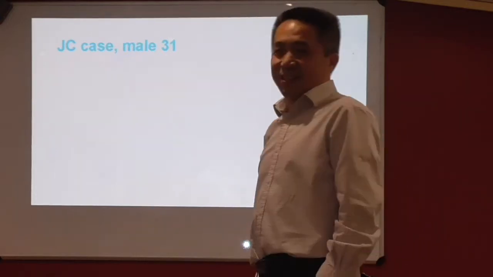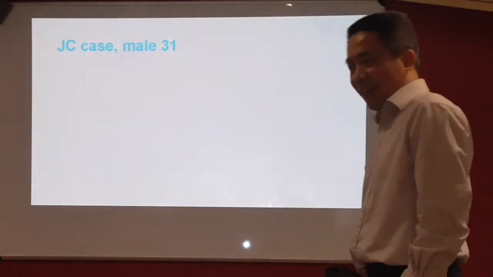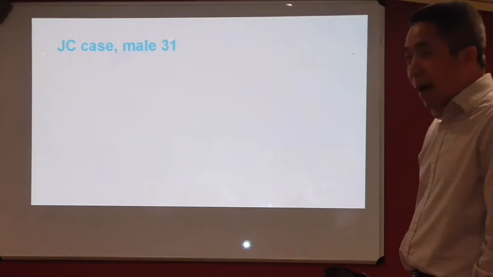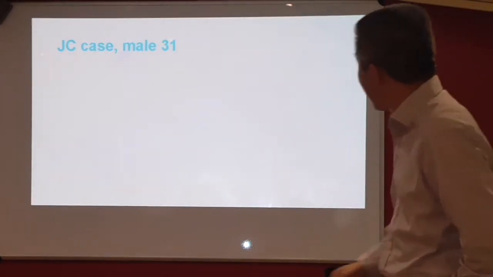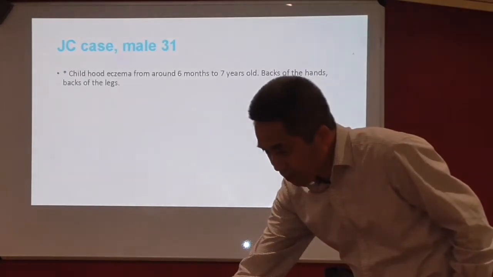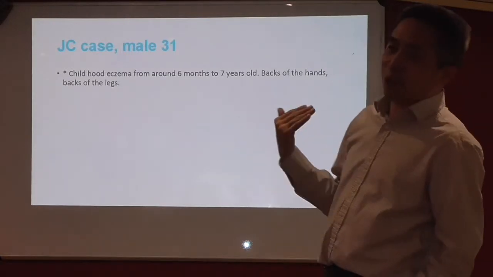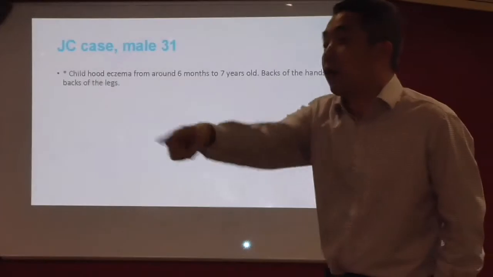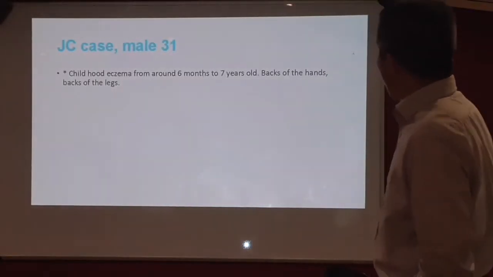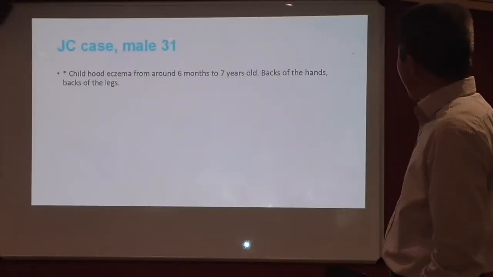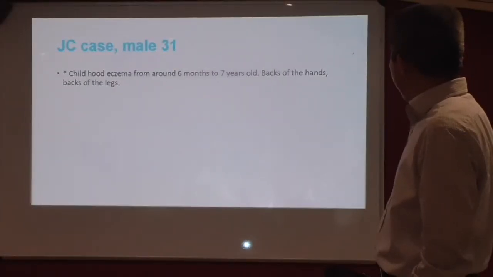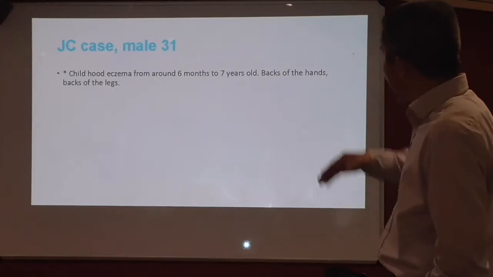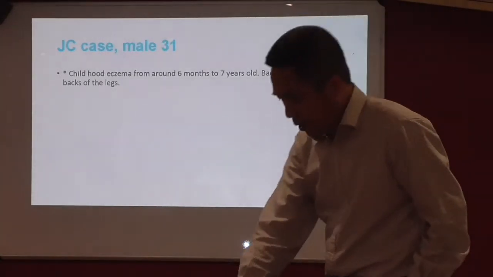Okay, the last, we have another case study, a male, 31 years old. He wrote this letter to me. From childhood, eczema, from around 6 months and 7 years old. Backs of the hands, backs of the neck, lots of severe eczema from childhood.